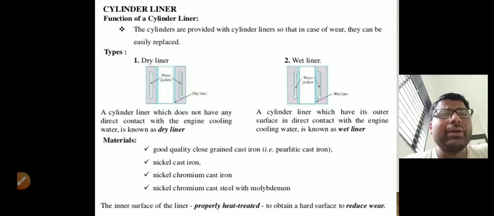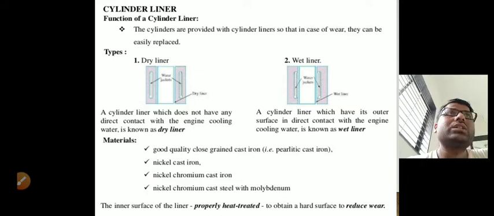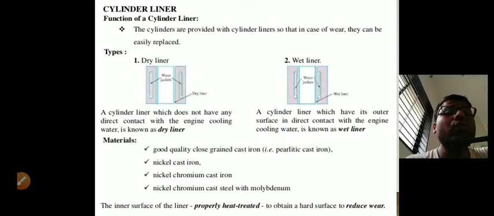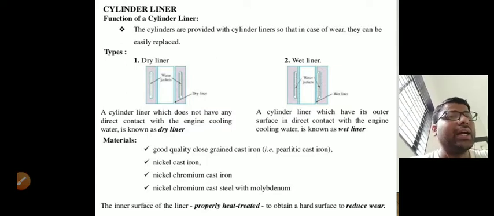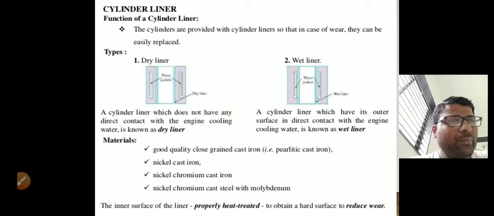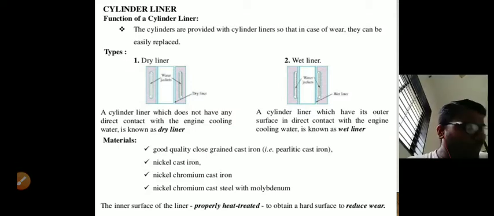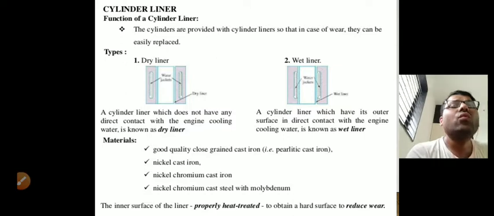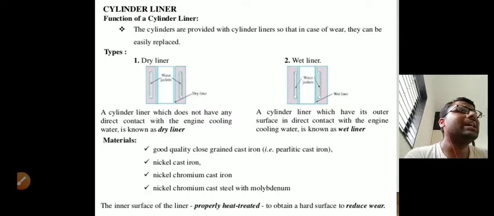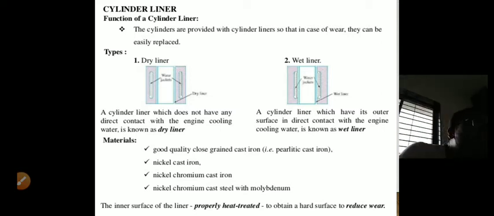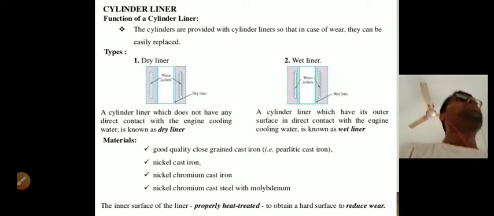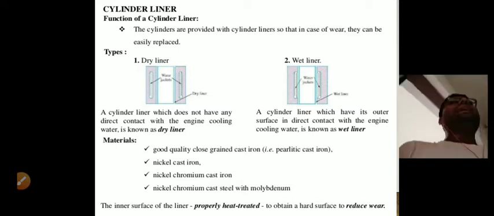What are the main properties of the material to select for the cylinder liner? Good wear ability and good quality close grain cast iron is the first material, meaning a material which has the ability to resist wear, and it may also be used for the cylinder liner for its long life.